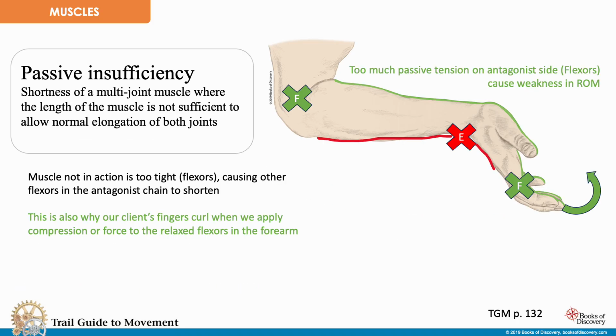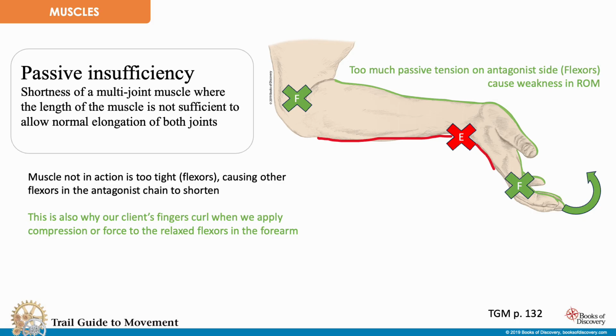Now we have passive insufficiency. If active insufficiency was about being too bunched up, passive insufficiency is about being tethered or stretched way too thin. So we're going to look at the diagram, and if we try to extend the wrist and the fingers at the same time, the flexors on the opposite side, again remember that's the antagonist, have to lengthen.